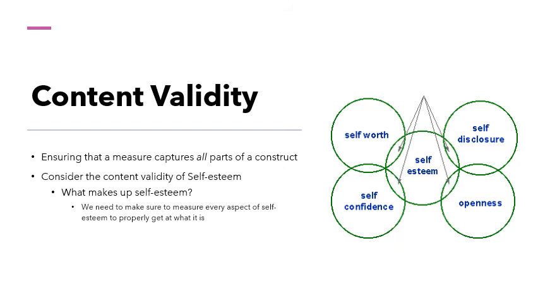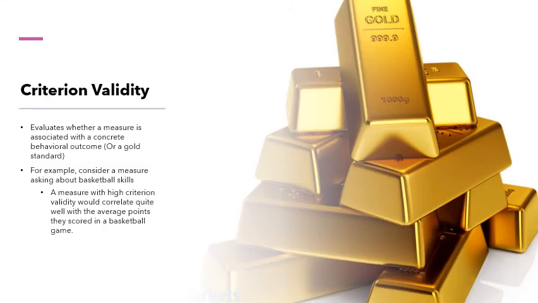And really, I think this image to the right has a really great way of showing how we're getting this content validity. We're creating questions for our operationalized variable of self-esteem that are related to these concepts that show someone has high or low self-esteem.